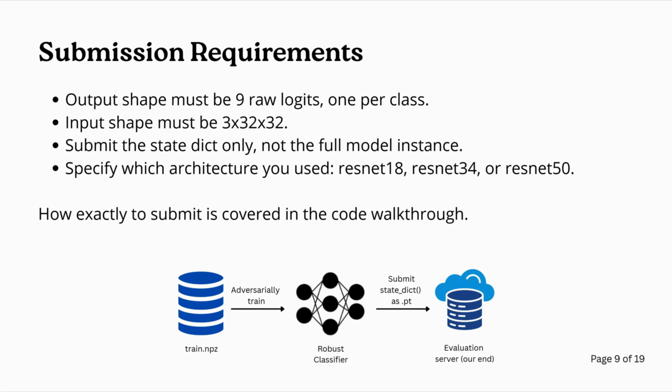You are supposed to submit the state dict, not the full model instance. And you also have to specify which architecture you are using, ResNet 18, 34, or 50. How exactly you specify that is shown in the code walkthrough, and an additional slide is present on how to exactly submit it.